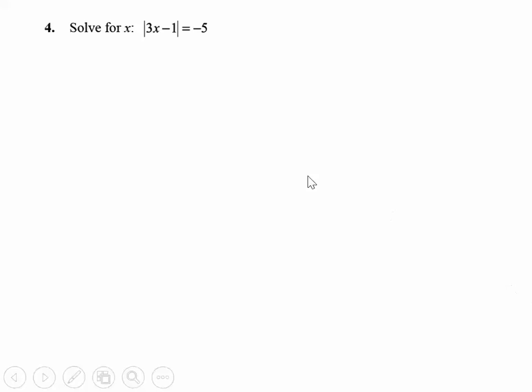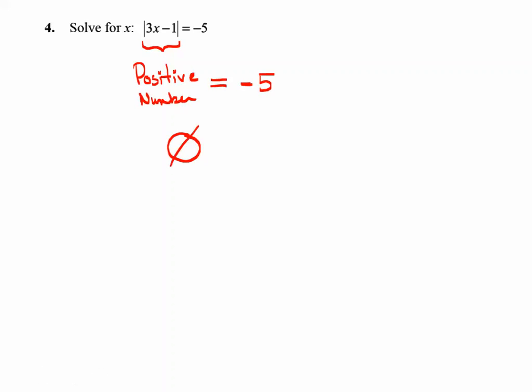Let's try it here. Remember how absolute value makes everything positive? Well, it's saying absolute value of this is equal to -5. Is that even possible? Because this guy is always going to be a positive number. So can a positive number ever equal a -5? I don't think so. So we just write no solution.